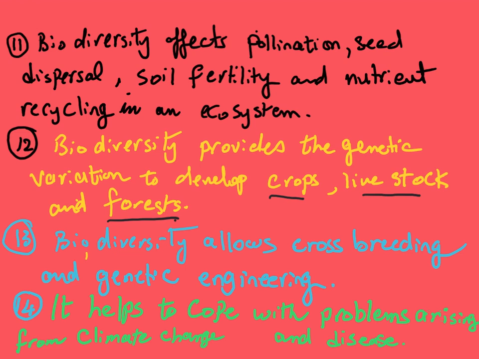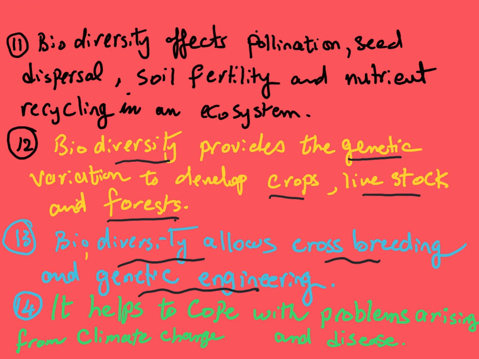In absence of any species in a forest, this will affect the biodiversity of many different species, as all species that live together in an ecosystem are interdependent. In the same way, the presence of biodiversity helps us as scientists to develop new crops using genetic engineering, new livestock, and so on. Biodiversity also allows crossbreeding and genetic engineering.